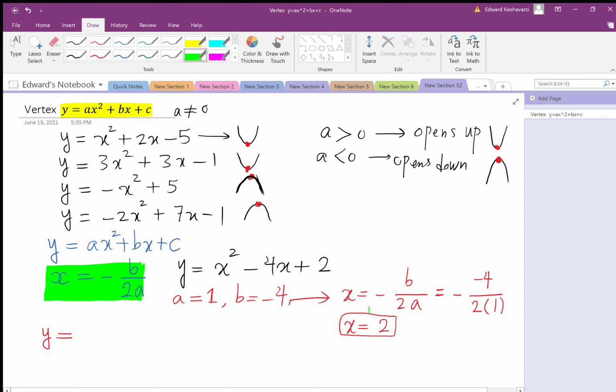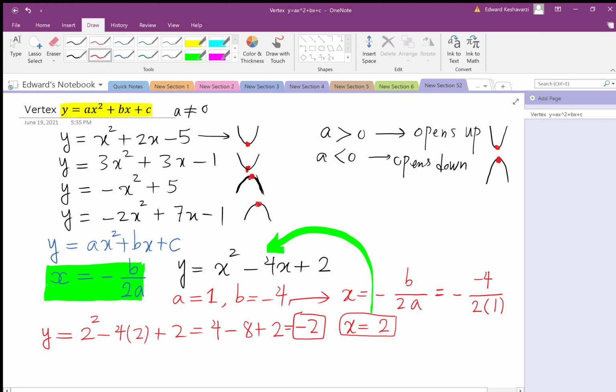So I'm going to put 2 in the original equation, right? So y equals 2 squared minus 4 times 2 plus 2. Therefore, it's going to be 4 minus 8 plus 2, which is negative 2. Therefore, vertex has the coordinates of 2 and negative 2. So this is how we get the vertex.